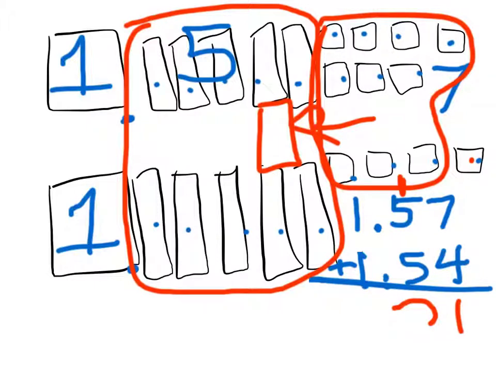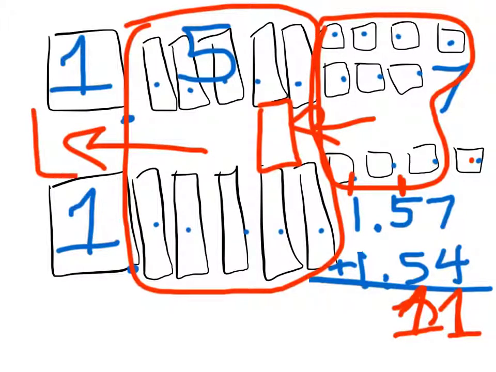So technically it shouldn't be 10, it should be 11. And carry the 1, because this group of tenths will now give you another whole number. So we have 1, 2, 3. 3 and 11 hundredths.